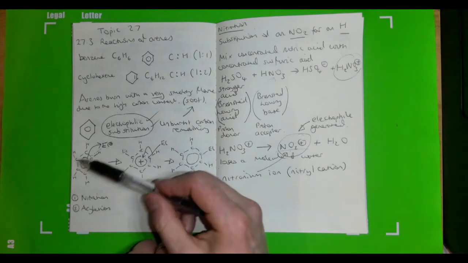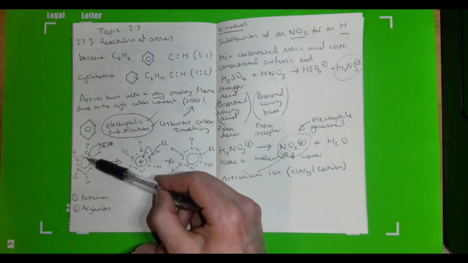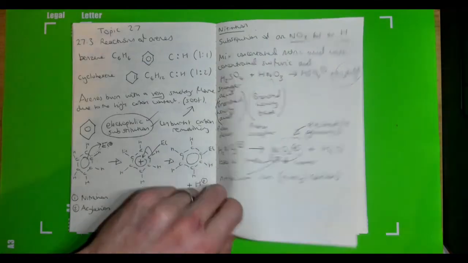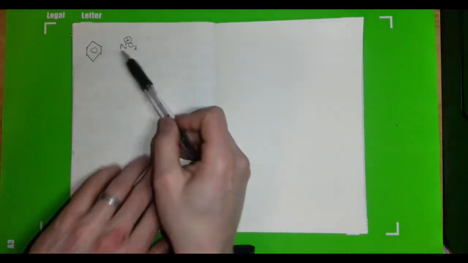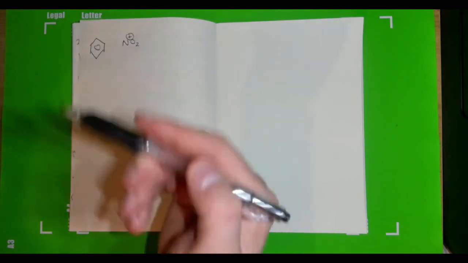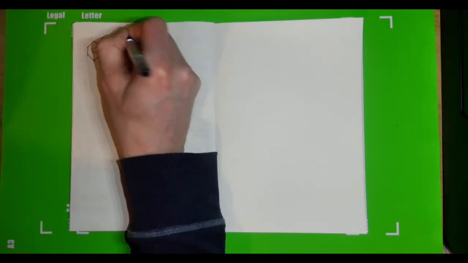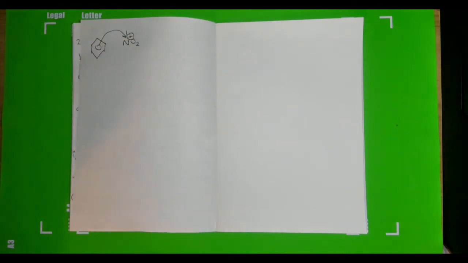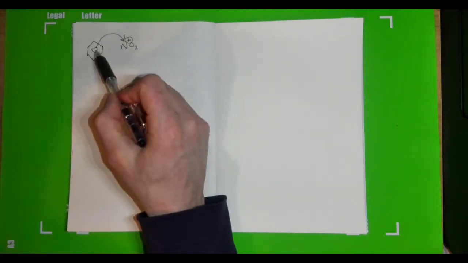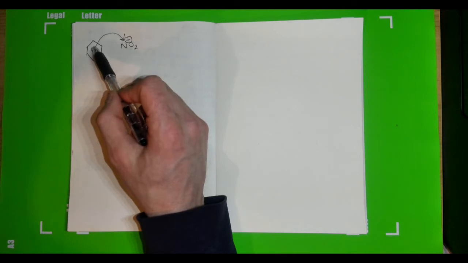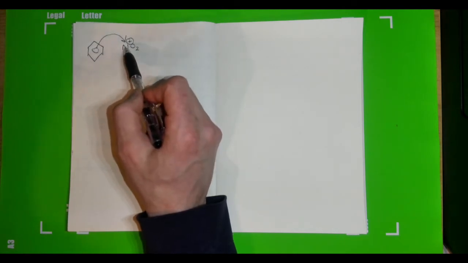What we've got here is electron density coming from the delocalized ring system to the electrophile. In this case, the nitronium ion is the electrophile, and the electron density goes from the ring system to the electrophile. Do make sure that when you're doing this mechanism, it's not always clear in textbooks, you must make it clear in your exam that your curly arrow goes from the ring system to the nitrogen.